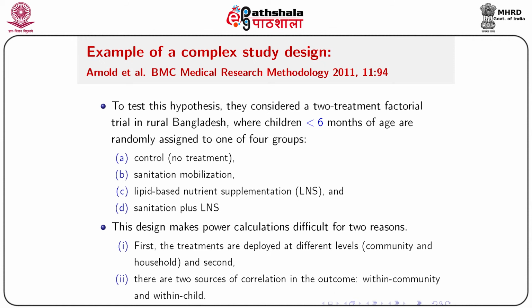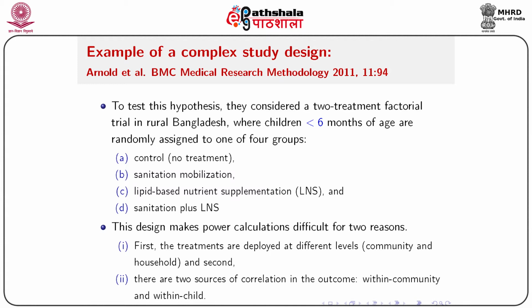To test this hypothesis, they considered a two-treatment factorial trial in rural Bangladesh, where children less than 6 months of age are randomly assigned to one of 4 groups: the control, meaning no treatment, the sanitation mobilization, lipid-based nutrient supplementation, and sanitation plus lipid-based nutrient supplementation, LNS.